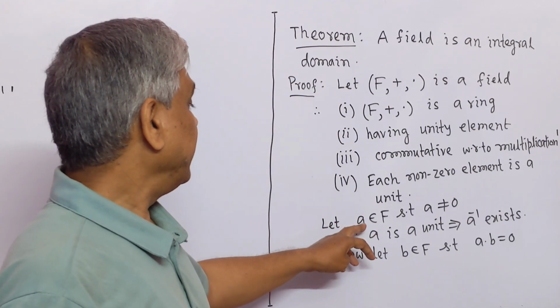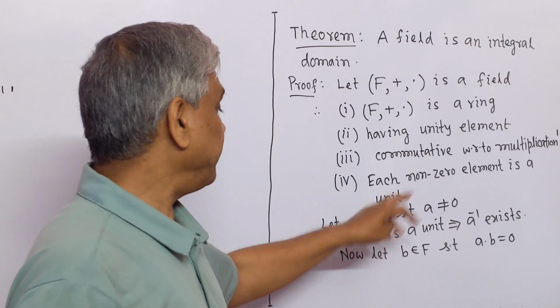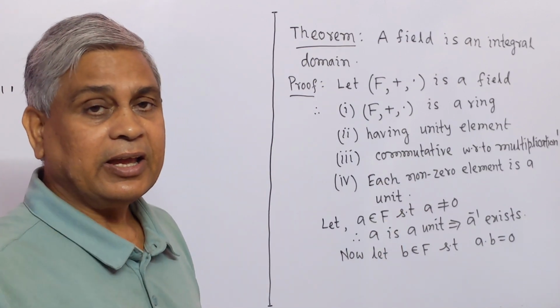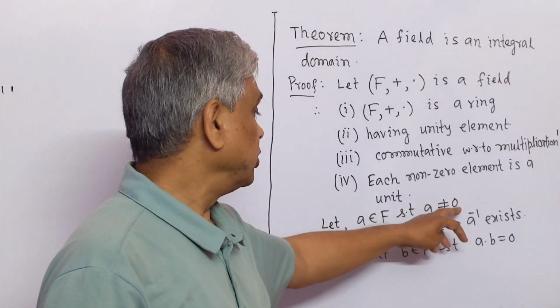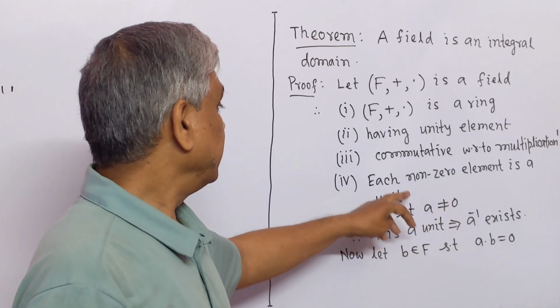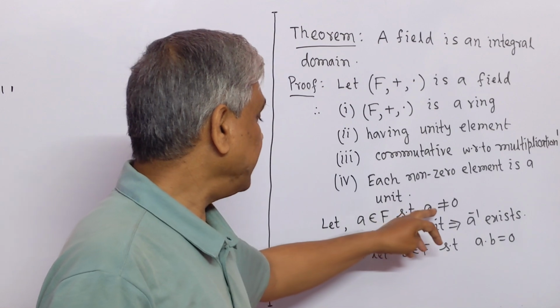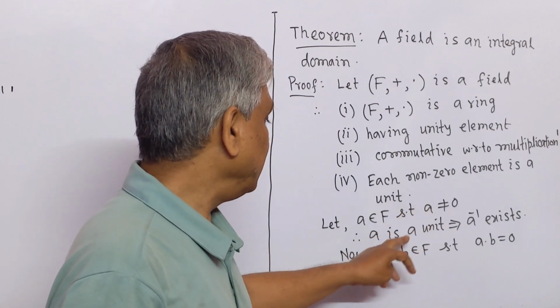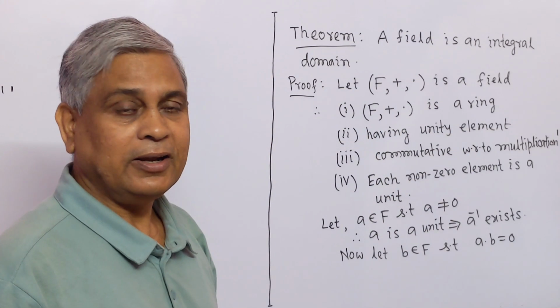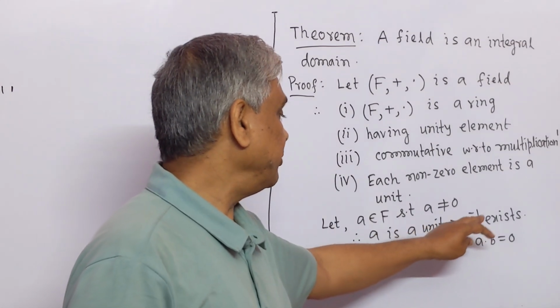Let a belong to F such that a not equal to 0. Therefore, each non-zero element is a unit, implies that a is a unit, implies that a inverse exists.